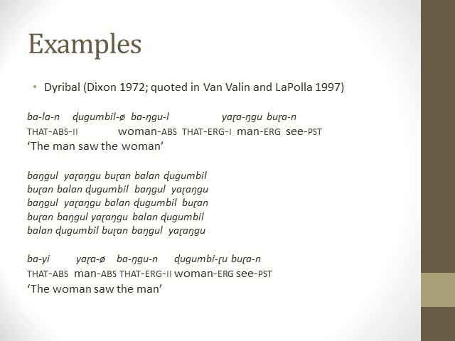From the theoretical perspective, testing our constituency structure, we'll notice that things like balandugumbil, which would be that woman, we would expect that to be a constituent. But if we look at some of these examples, we notice that it doesn't always work together. Or we get stuff separated that we would have thought were going to be constituents.